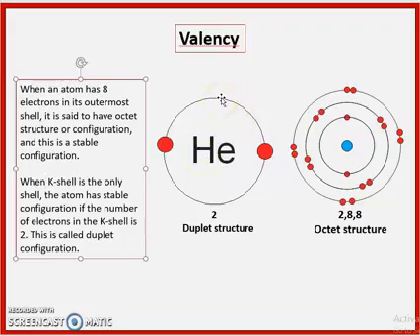The only shell it has is the K shell, and this K shell contains 2 electrons, so it's complete. Because normally K shell can take a maximum of 2 electrons. Therefore, helium has duplex structure, and duplex structure is a stable structure.